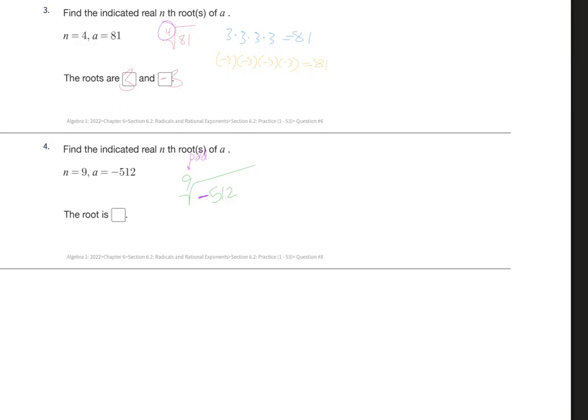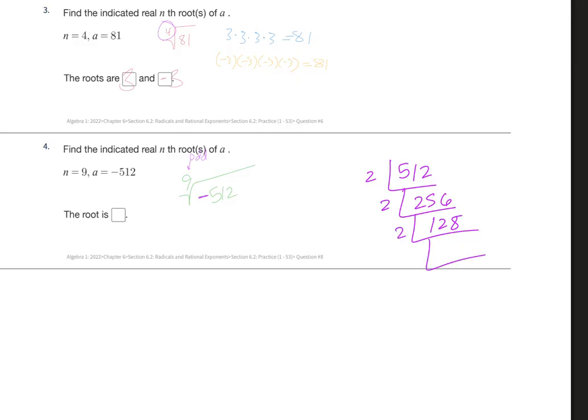So I'm looking at this going, 512, I don't know my 9th roots very well, so I'm just going to divide this by 2. I know that sounds crazy to do, but I also am a little nerdy and know that 512 divided by 2 is 256. And if I divide that by 2, I get 128.